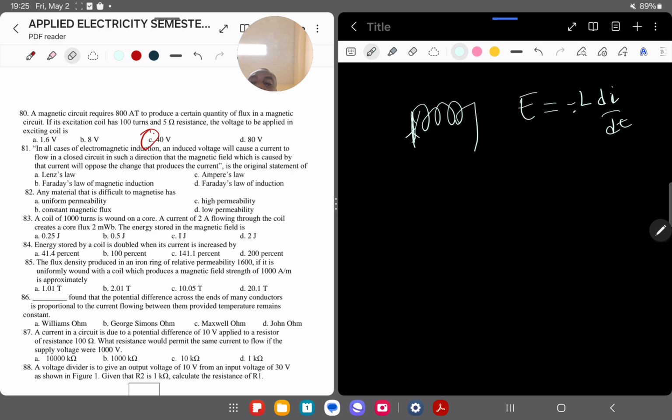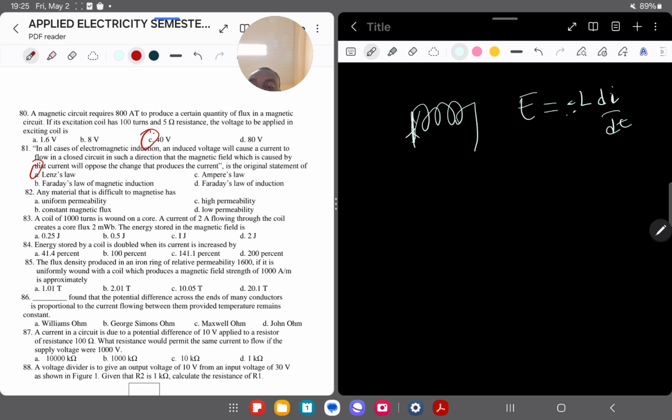What that means is that at a certain point in time, the coil will start to oppose the induced EMF, and the current will oppose the change that produced it. So now you have induced EMF, which is going to be negative. And this is Lenz's law. So that's why we always indicate this one here. So that's Lenz's law.